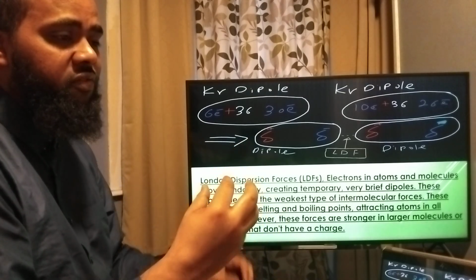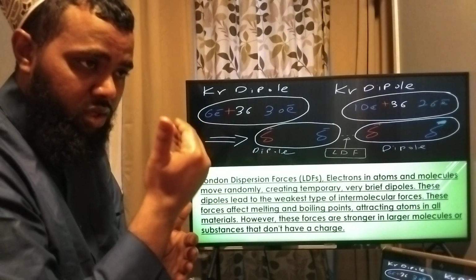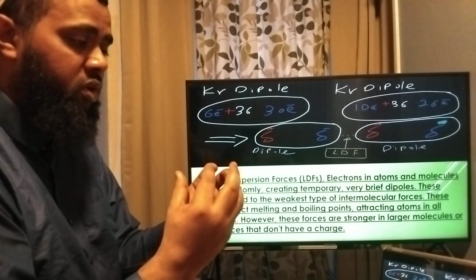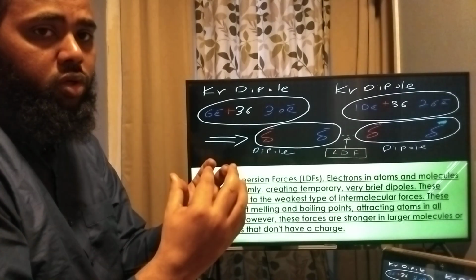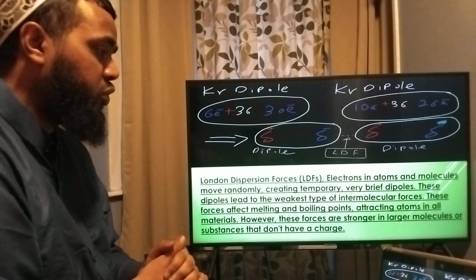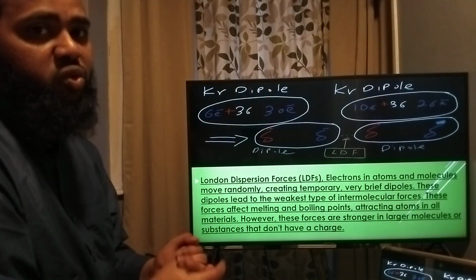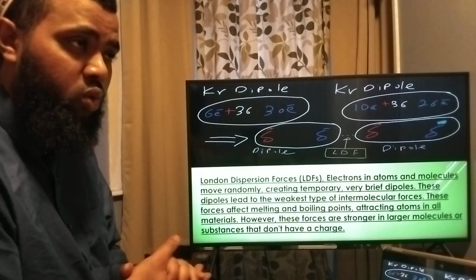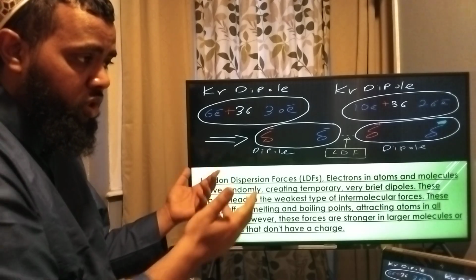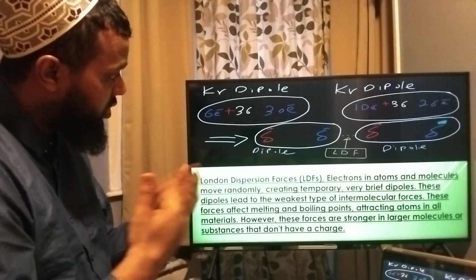Some of them have induced or temporary polarity, which leads us to the term London dispersion forces, induced Van der Waals. When we say Van der Waals, we mean the intermolecular forces, the weak ones in general.